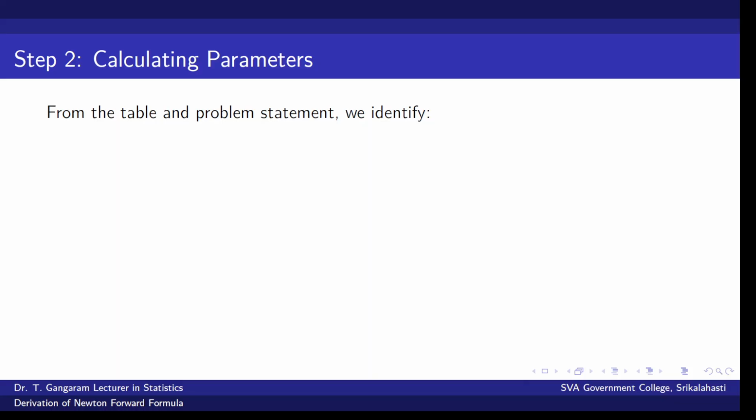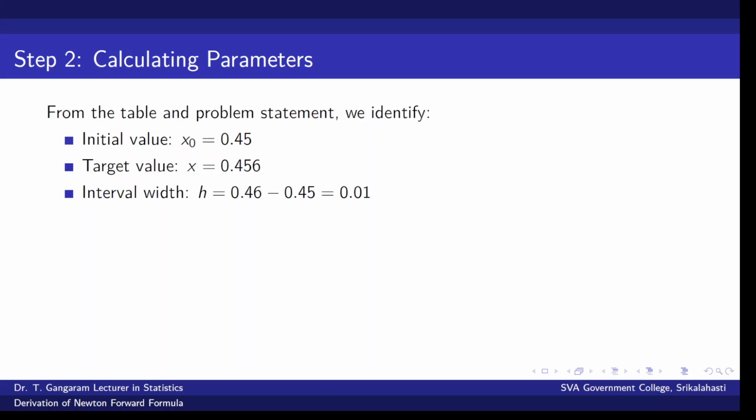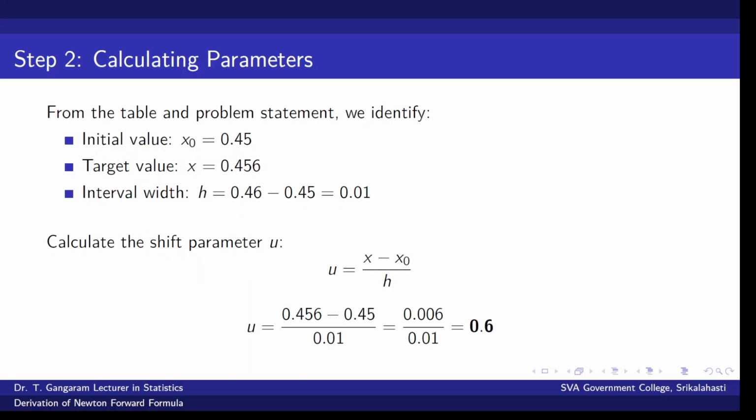From the table and the problem statement, we identify the parameters. x naught is equal to the beginning term 0.45, the target interpolated value x is equal to 0.456, and the width h is equal to 0.46 minus 0.45, that is 0.01. Calculate the shift parameter u, x minus x naught by h, that is nothing but 0.6.